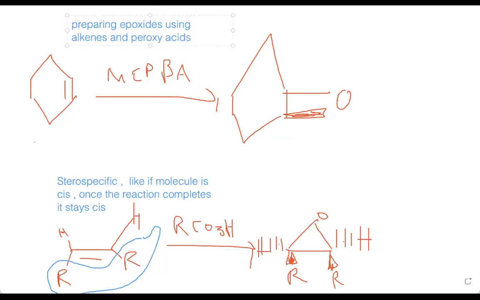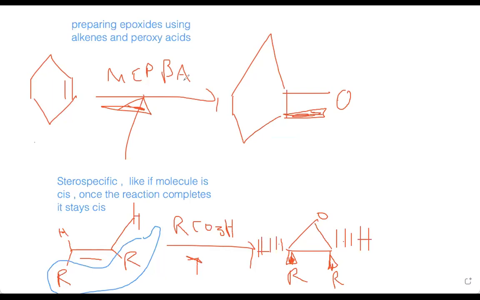There's two types, like I said. This one, the last one right here, and this one. Oh, what did I do? Oh, okay. All right, yeah, MCPBA, and then this. Just use MCPBA. It's easier to memorize. Okay.